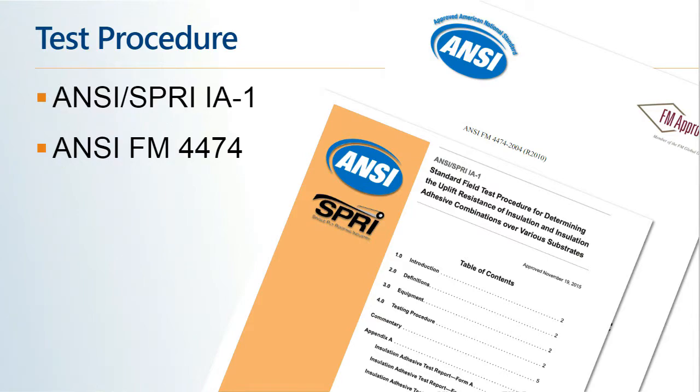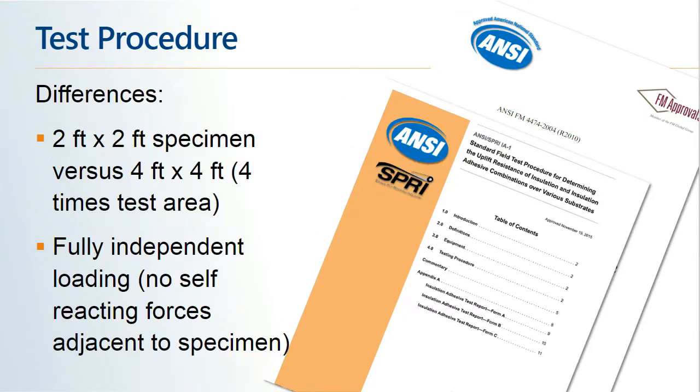We looked at ANSI SPRY 1A-1 as well as ANSI FM 4474 as a starting point for how we wanted to perform this testing. Big differences: these 2 standards use 2 foot by 2 foot specimens, whereas we were using the full size 4 foot by 4 foot insulation boards.